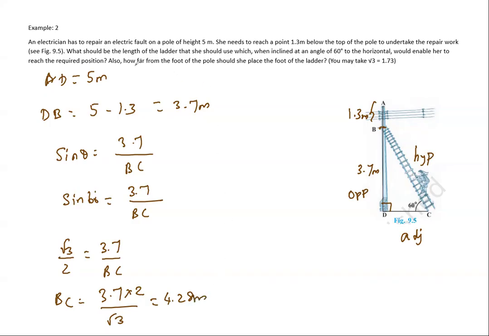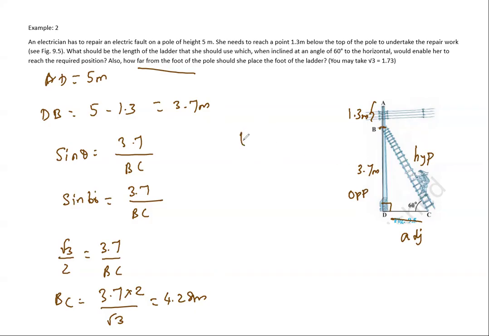Next, also how far from the foot of the pole should she place the foot of the ladder? They have asked how far, so we have to find DC. We have to find the DC value. DC is adjacent, and I know the opposite side value.